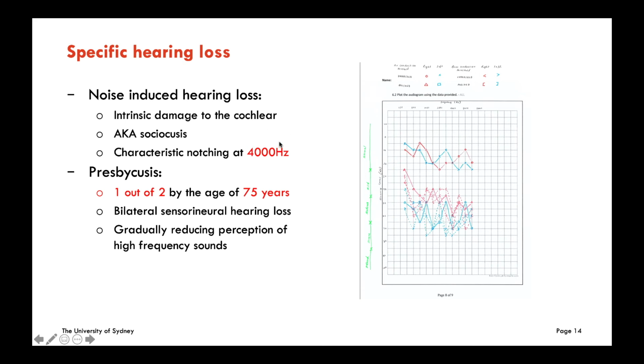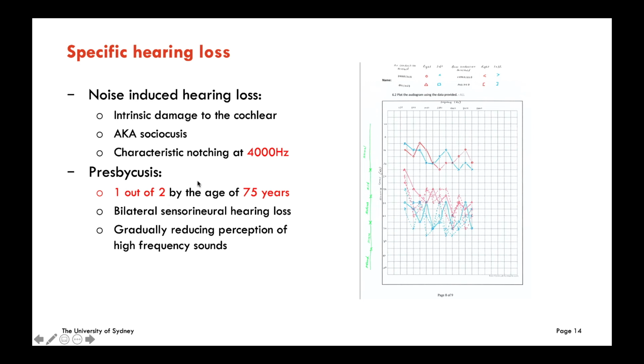It's just a common pattern, not a diagnostic per se, but it suggests that this type of hearing loss might be because of noise damage to the cochlea. This one is what we refer to as sociocusis, and like drug-induced hearing loss, as we saw in the previous slide.